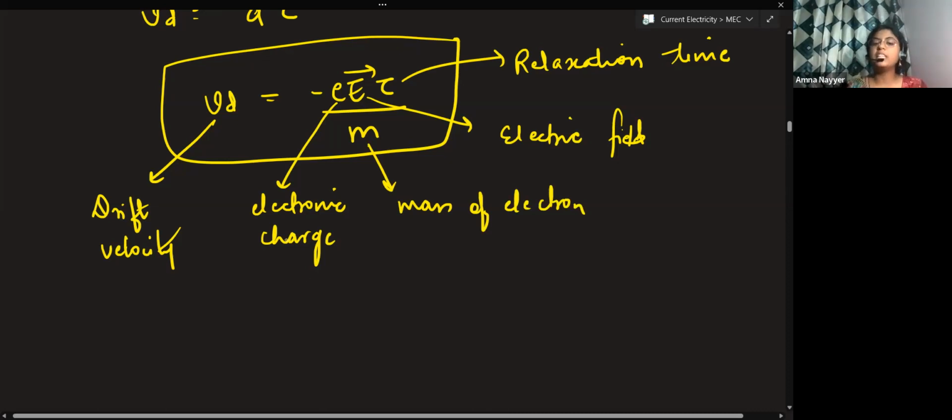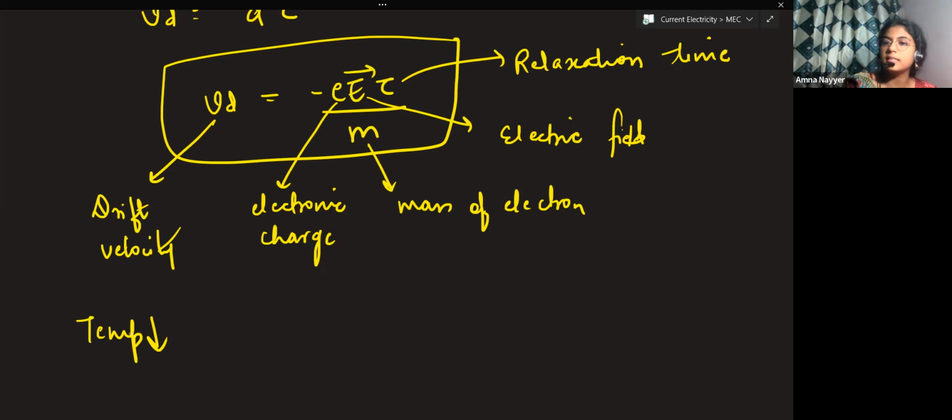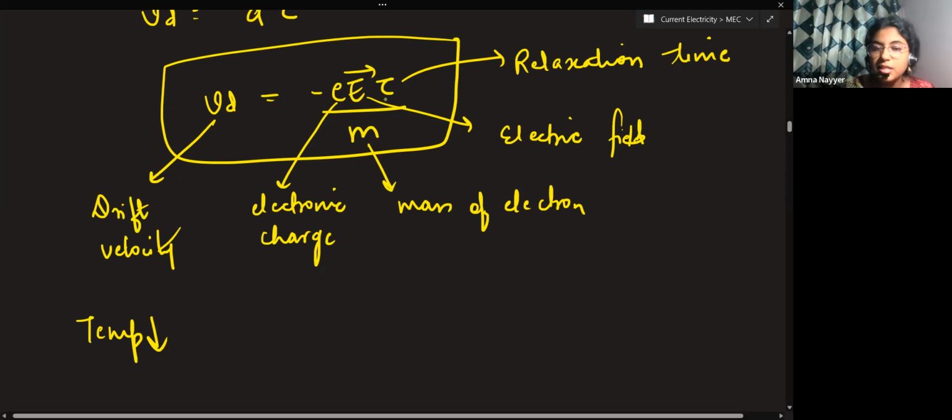One thing that you have to remember, in this average relaxation time, if your temperature decreases, then your average relaxation time tau increases.